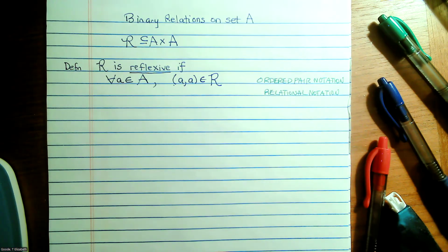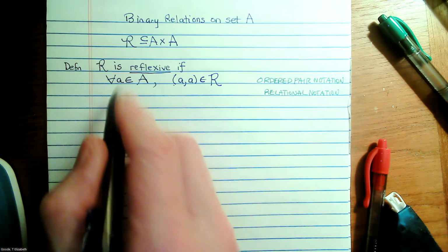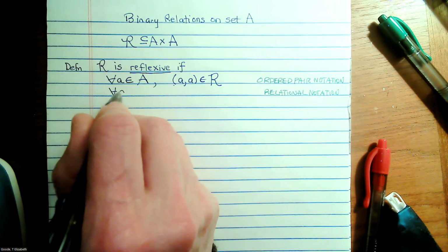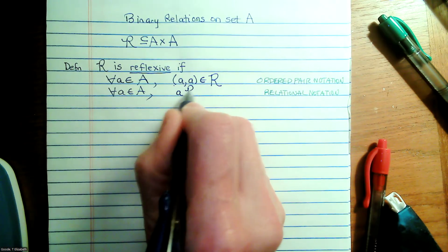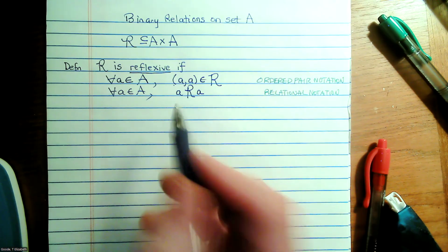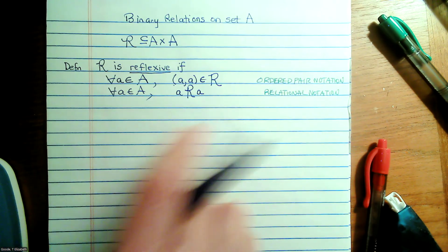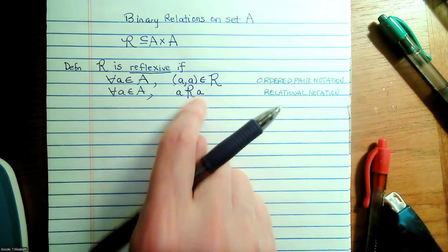But if we're checking ordered pairs, the ordered pair notation can be helpful. So it's for all little a in A, like you said, little a is related to little a. Or you could say little a is curly R to little a. All right, so that's reflexivity. It's not an if-then, it's just a statement. Little a has to be related to little a.